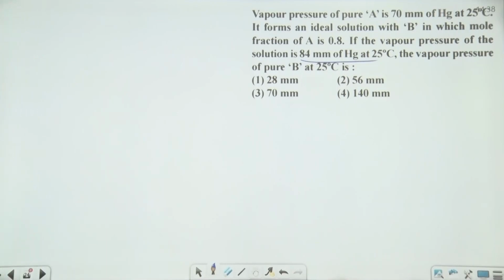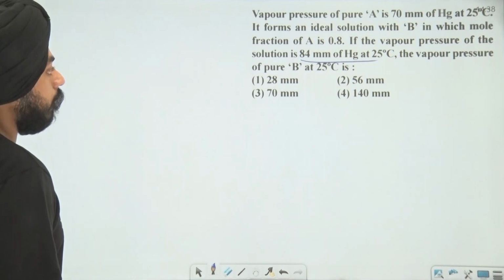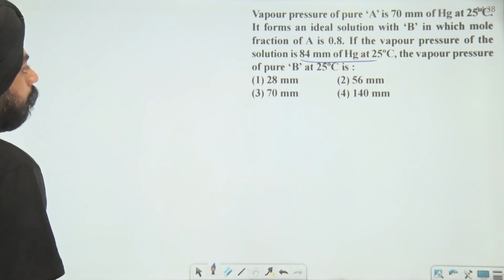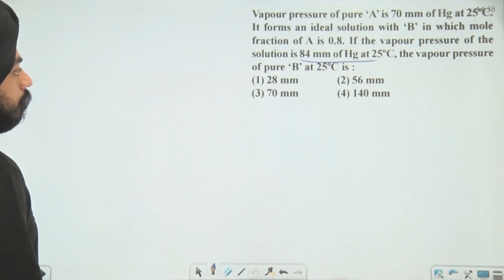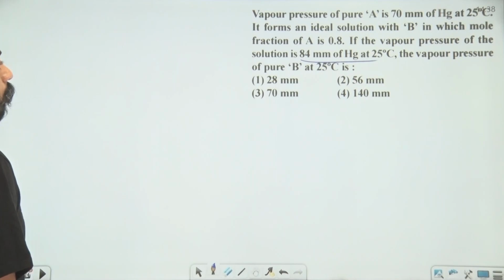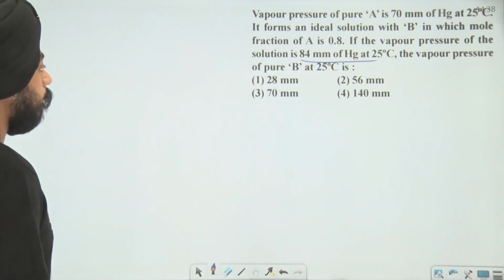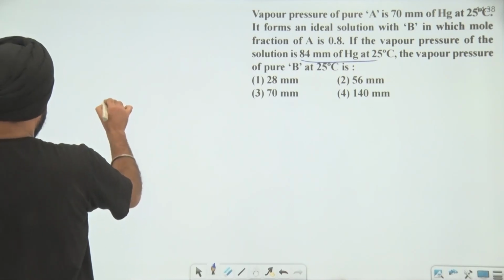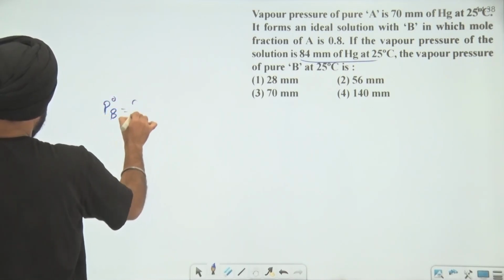So initially we have been given that the vapor pressure of pure A is 70 and it forms an ideal solution with B, in which the mole fraction of A is 0.8. We need to identify the value of P naught B in this particular case.